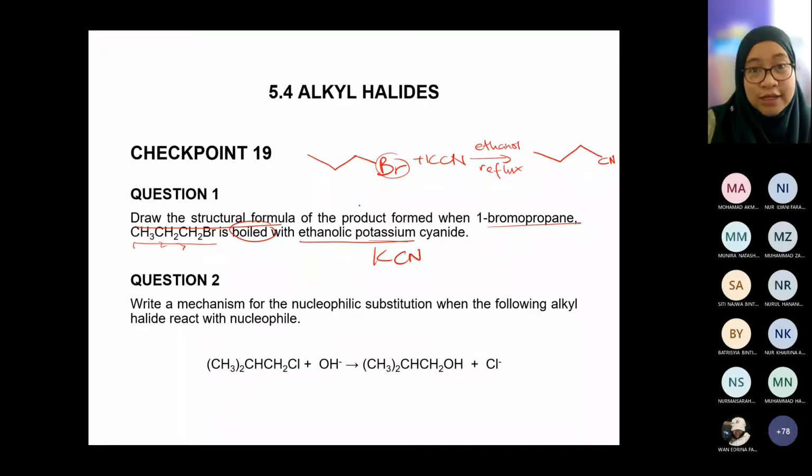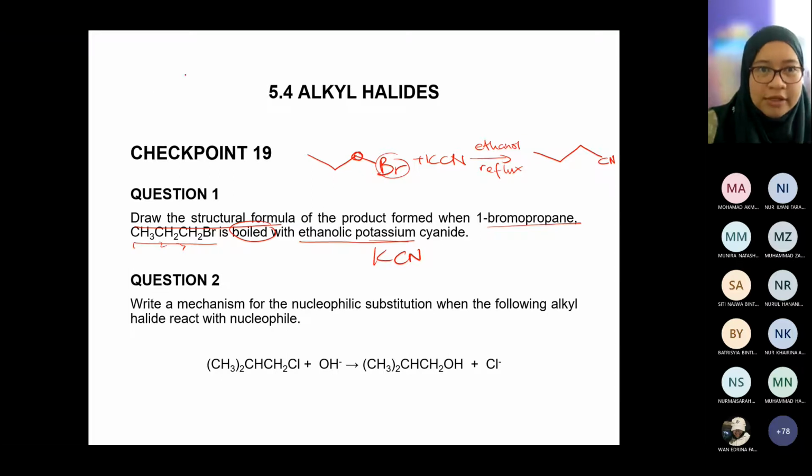Okay, kalau dia tanya mekanism, macam mana? Kalau tanya mekanism, kita nak kena bagi nampak everything kan? So, I would suggest you to draw exactly like what we have in the slide just now. So, kita kena buat 3D. So fokus kita on this carbon sebenarnya, sebab this carbon is attached to bromine, right?